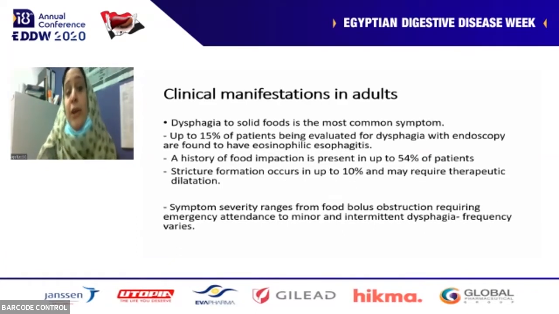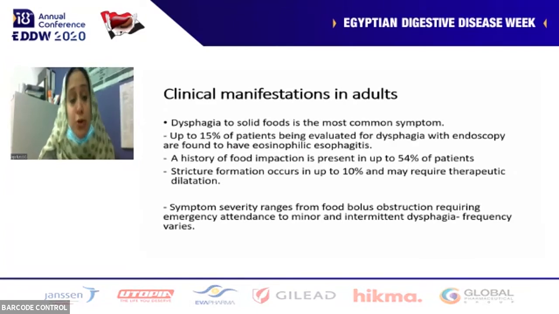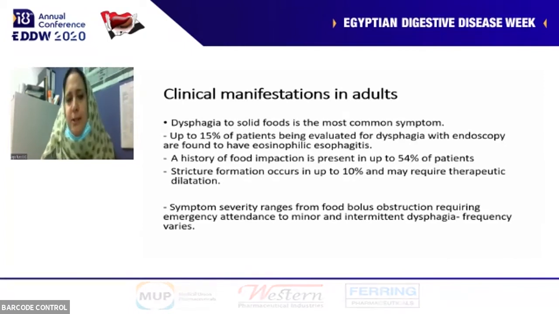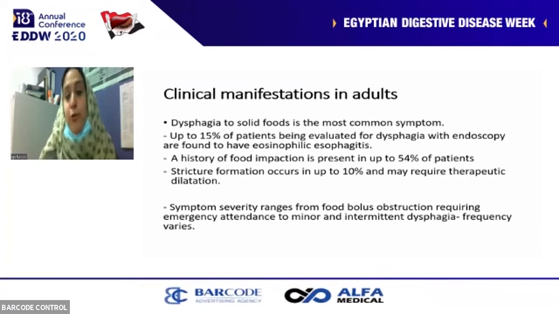Okay, so the clinical manifestations in adults, it's dysphagia to solid foods. It's the most common symptom. And up to 15% of patients who present with dysphagia, well, especially in the young, it will be eosinophilic esophagitis. There can be a history of food impaction in 54% of patients. It doesn't have to be when they form a stricture.